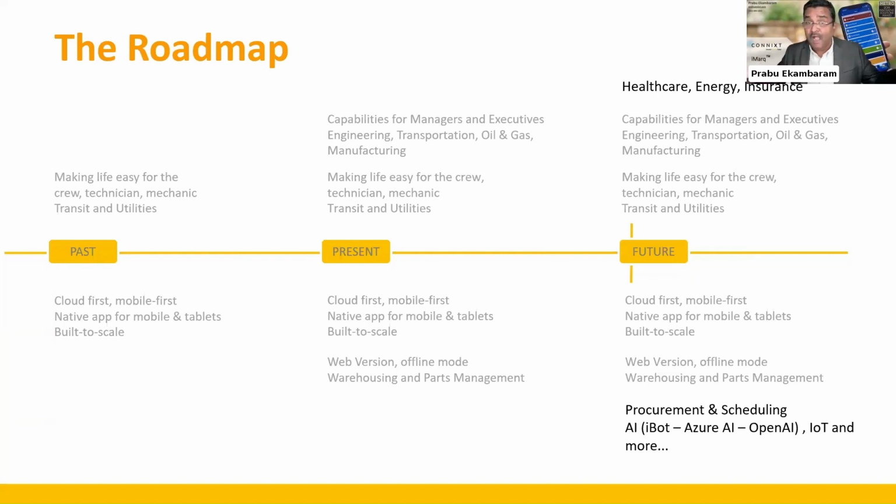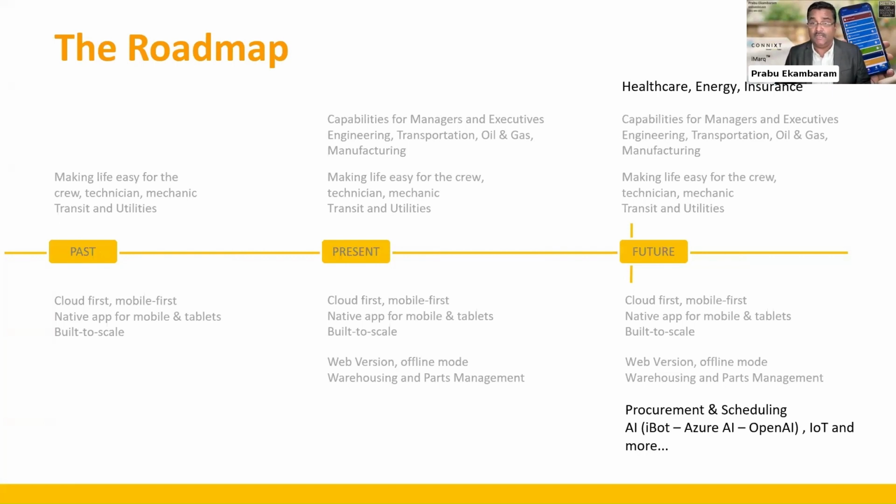Now, how can we extend into all these other verticals with minimalistic change to the product itself? Through configurations, we are able to extend our product even to new verticals. We are very proud of this, where our product is a single code base that is used across verticals even today.